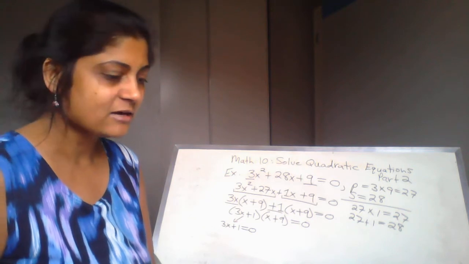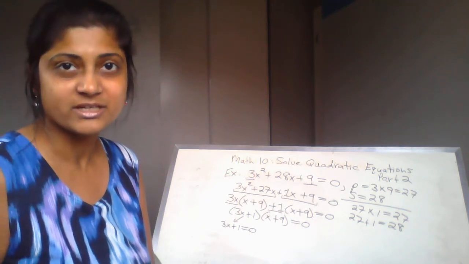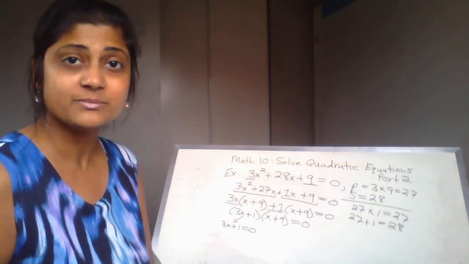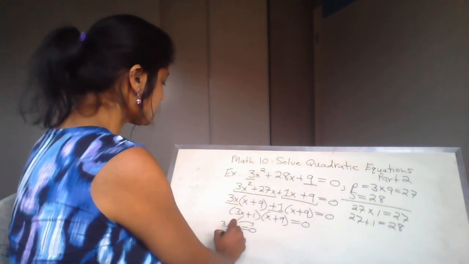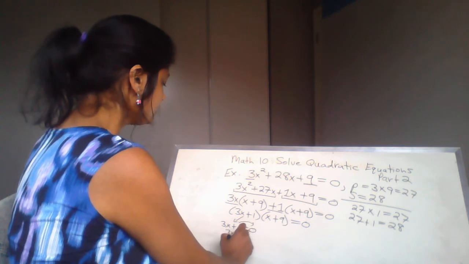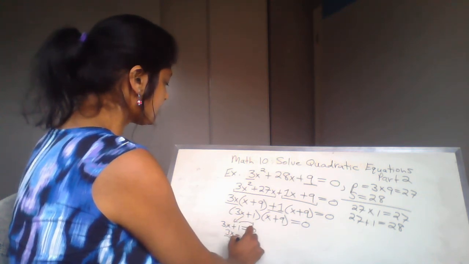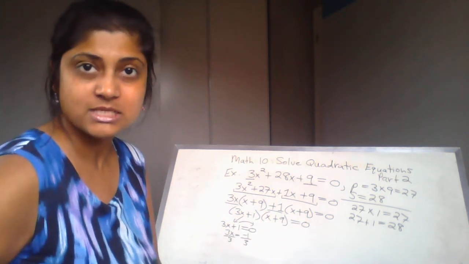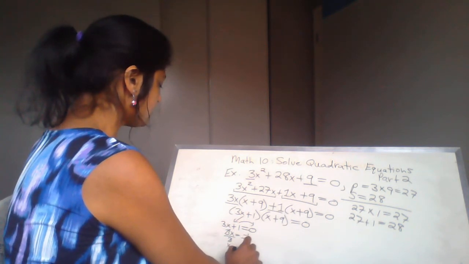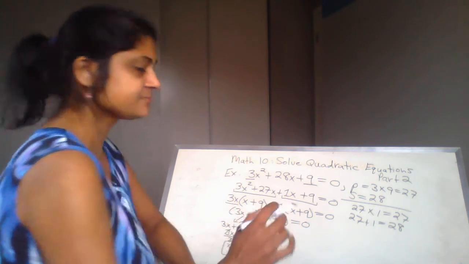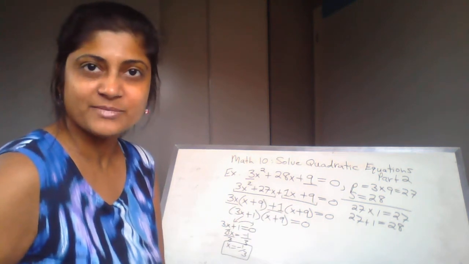After you get really good at it, you could just see what the x-intercepts are visually or by doing some mental math. We're going to take the 1 over to the other side, so 3x equals negative 1. Then when you divide by 3 on both sides, the 3 cancels out. So x is equal to negative 1 over 3. And that's one of my x-intercepts.